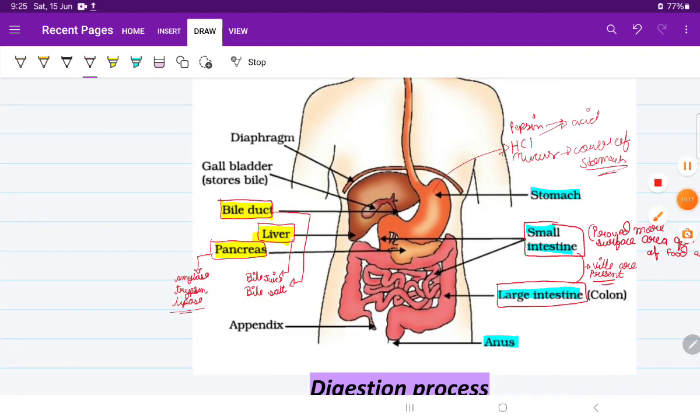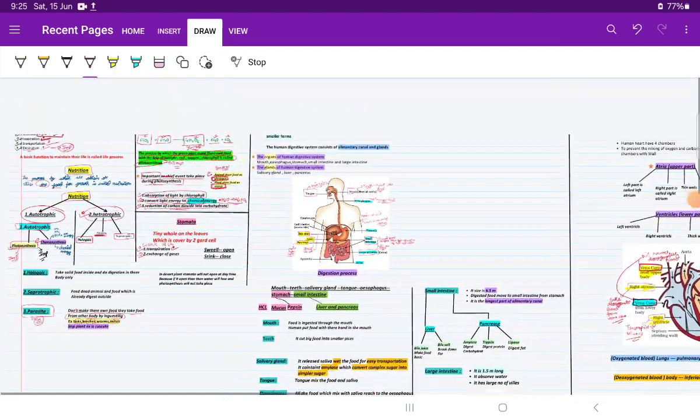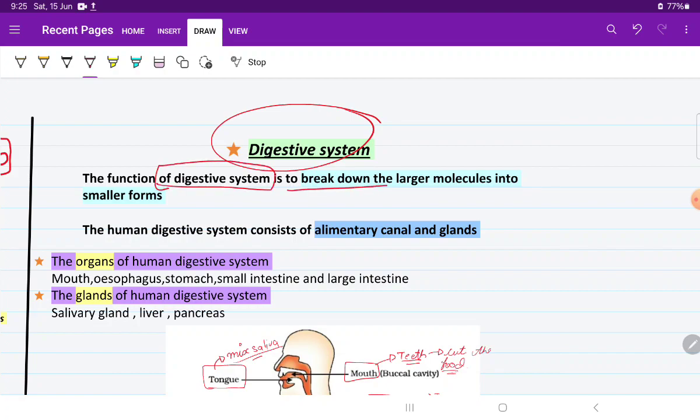Okay, now let's see our main topic. Digestive system. The function of the digestive system is to break down the larger molecules into smaller forms.